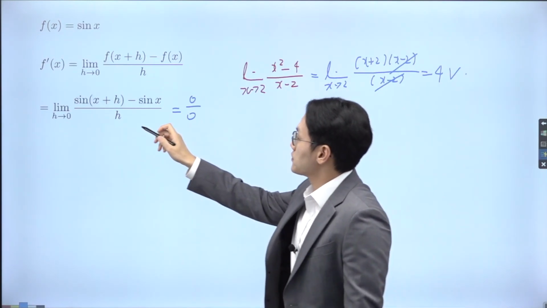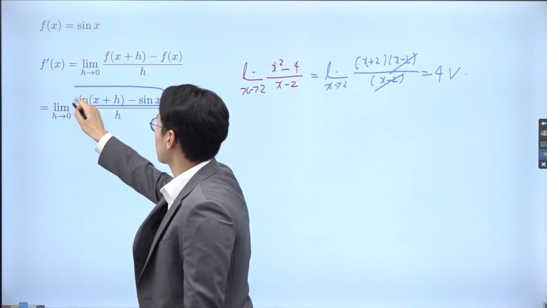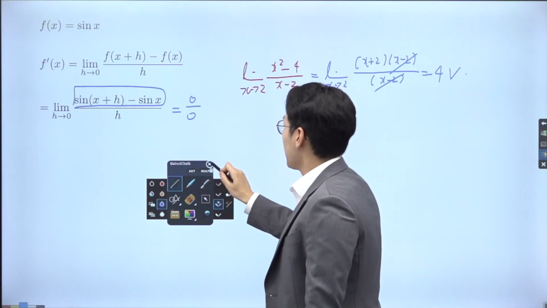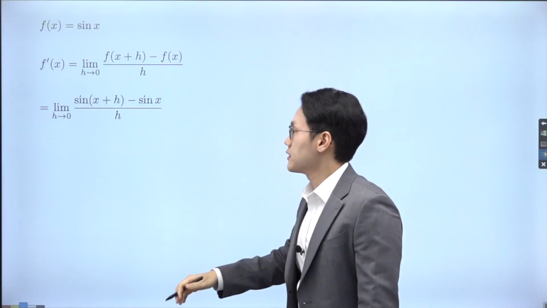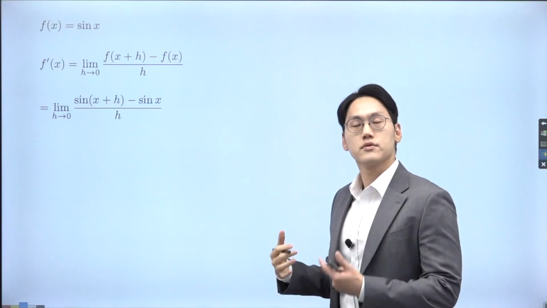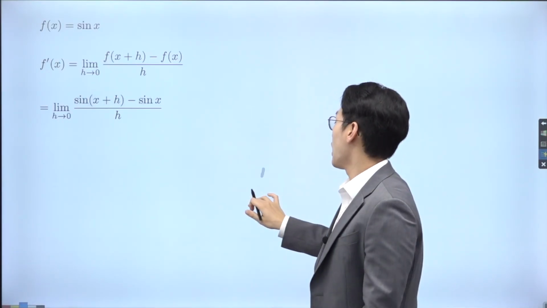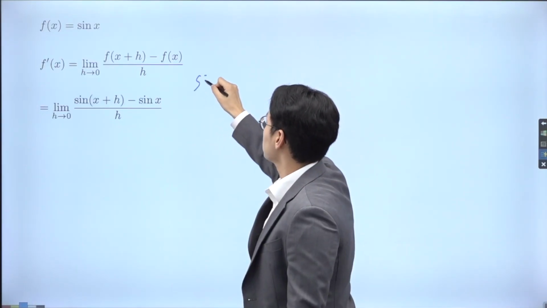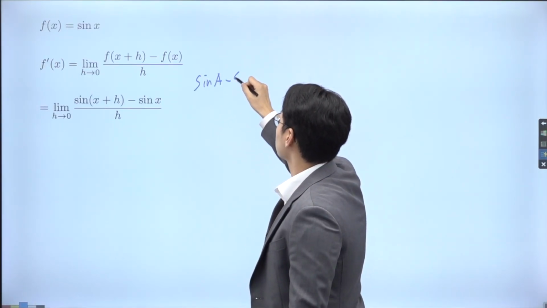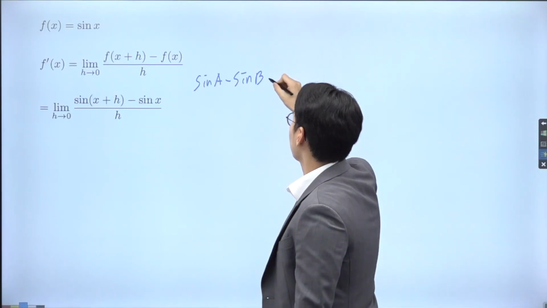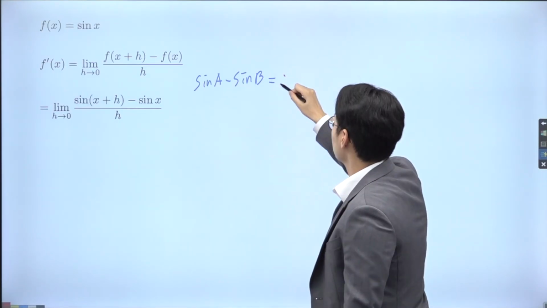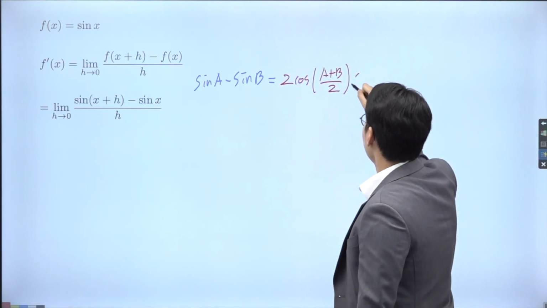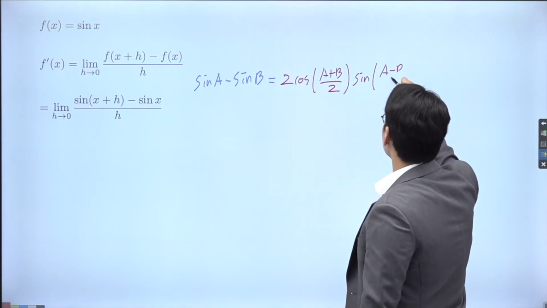So on this one, for the sine, what sort of algebra can you do? There are several approaches, but what I recommend is that every time you have the difference of sines, this reminds me of the sum to product formula. If I remind you, sine A minus sine B using the sum to product formula can be written as 2 cosine of A plus B over 2 times sine of A minus B over 2.